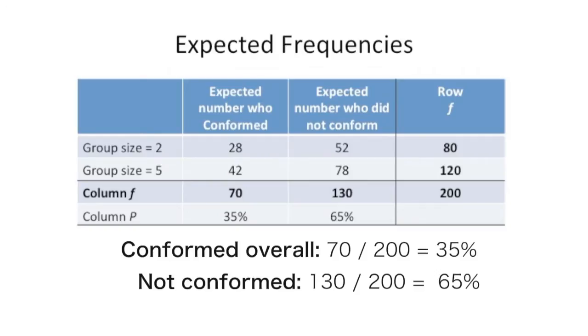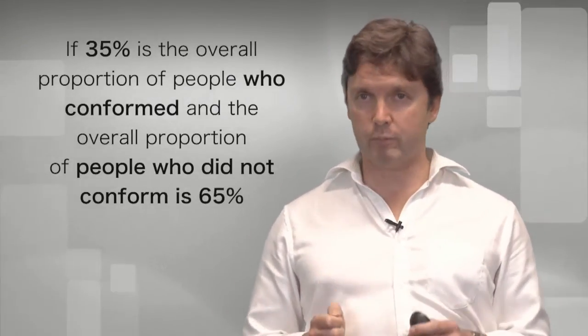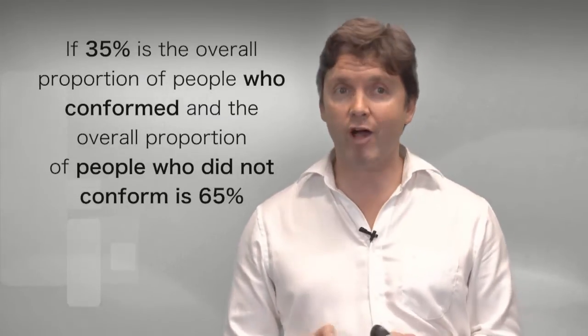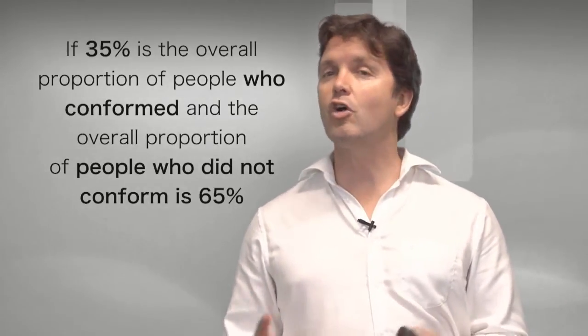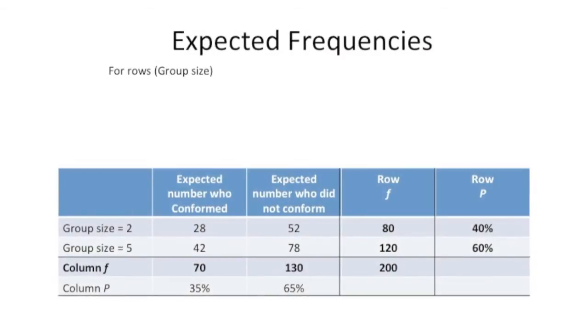So if 35% is the overall proportion of people who conformed and the overall proportion of people who did not conform is 65%, and if this does not depend on group size, then these proportions are to be expected for when the group size is 2 or when the group size is 5. Therefore, looking here at our table, just for conformity, the expected frequency in the first row, just for group size of 2, is 28.